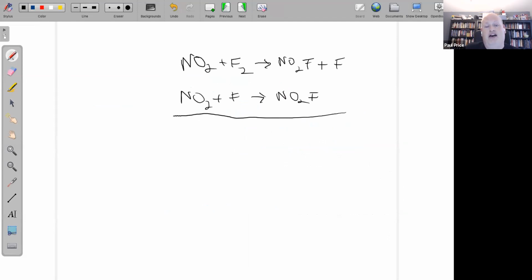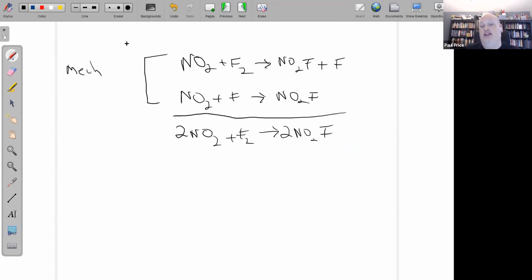So what we see here is we have 2 NO2 plus F2 goes to 2 NO2F. So our series of steps, our mechanism, must satisfy two criteria, one of which is it's got to add up to the overall reaction. And we'll see the second one here in just a second.